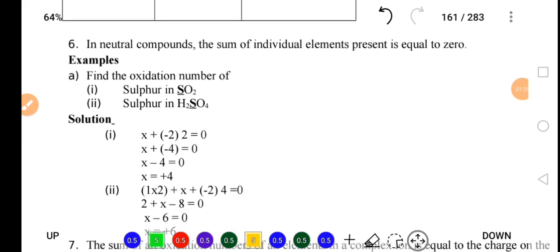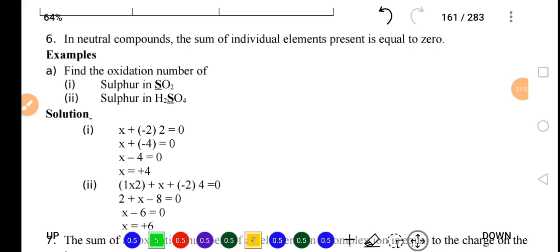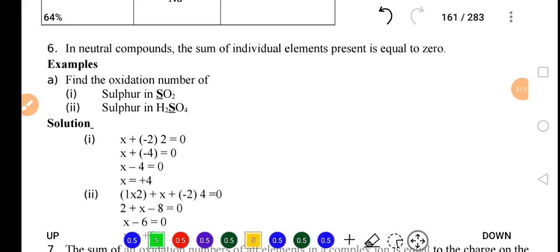We can look at rule number 6. In a neutral compound, the sum of individual elements present is equal to 0. I can give an example.